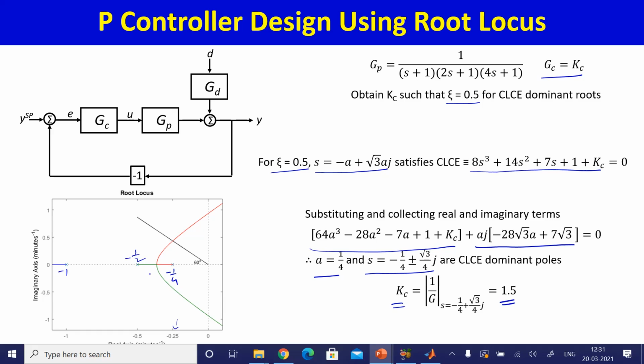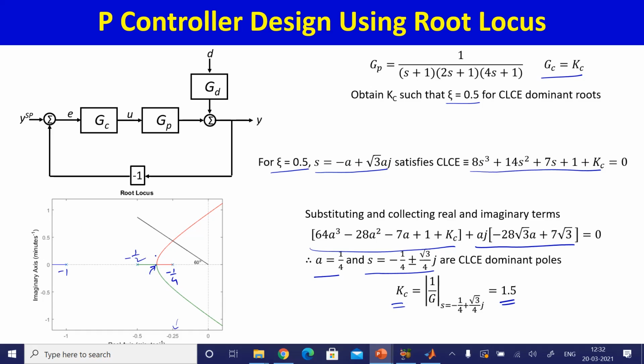Where is this breakpoint? How will we calculate the exact location of the breakpoint? Well, there are many ways. I will use the invocation of the angle condition in the vicinity of the breakpoint.